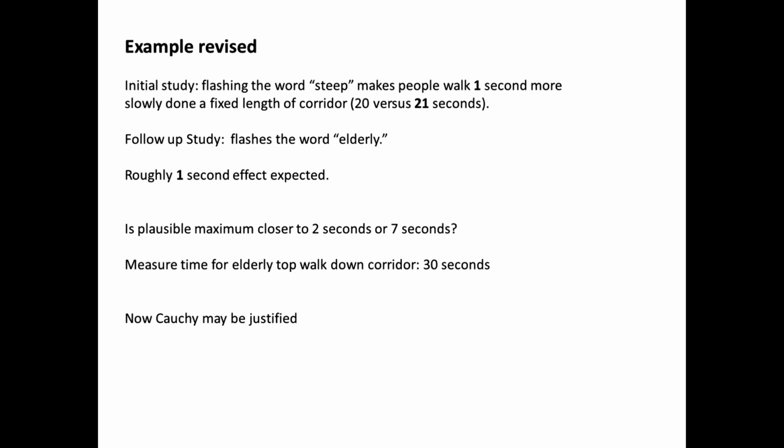Yes? When you're setting a maximum, is it better to err on the side of setting too high a maximum or too low a maximum? So remember the point I said for the lunch lecture, that the vaguer your theory, the more the theory is penalised, and the easier it is to get evidence for H0, therefore. So when you set a vaguer maximum, you're making it easier to get evidence for H0. So which side is the best to err on? I would say it depends on what you're trying to do.